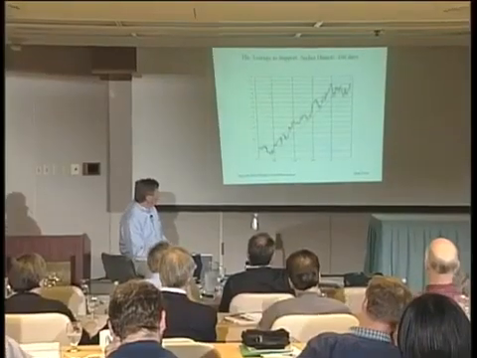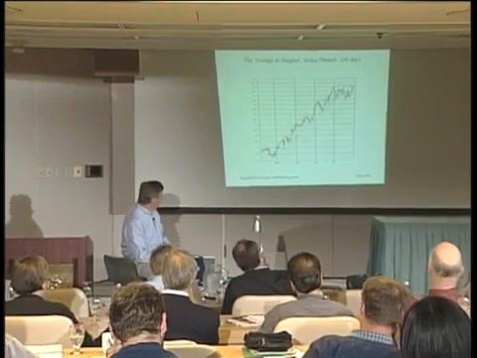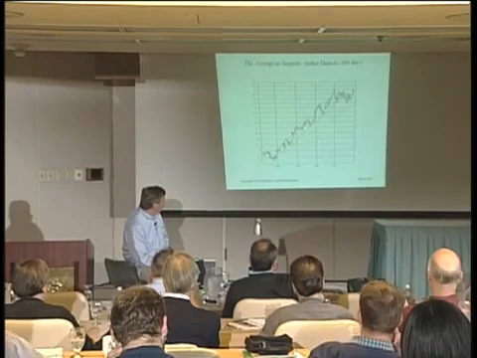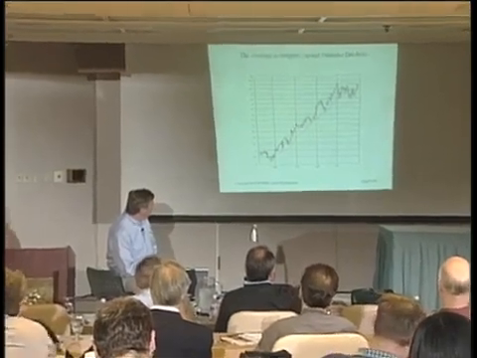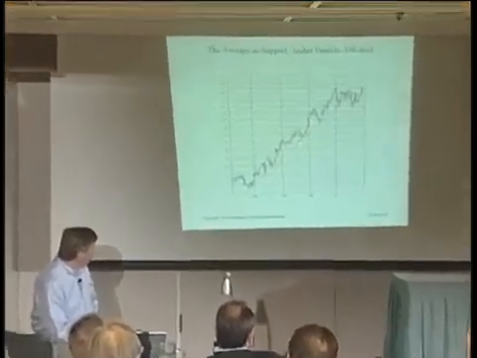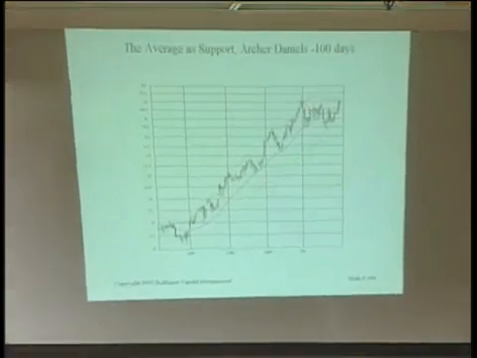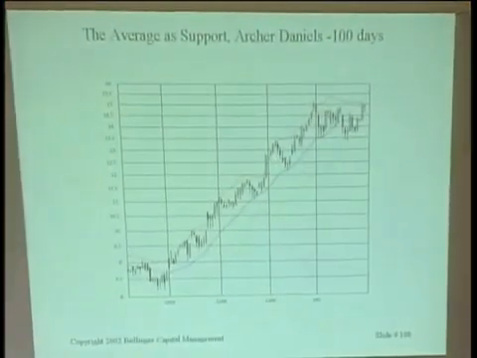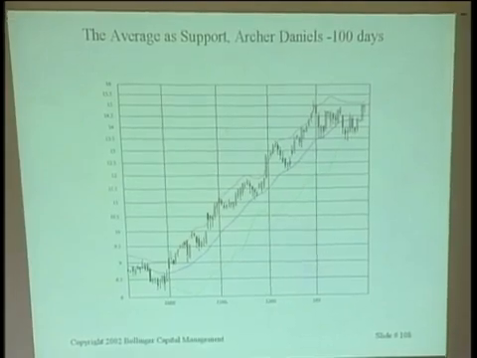For instance, you see the signature in here where you come up 1, 2, 3, 4, 5, and then you see your little A, B, C correction. So you see the basic psychology that Elliott was talking about being traced out.